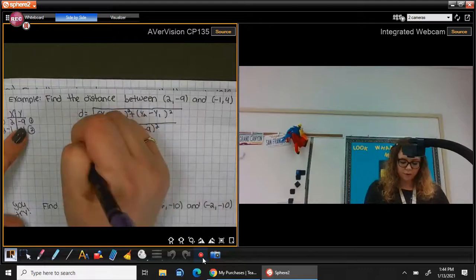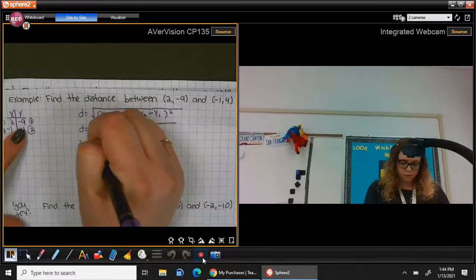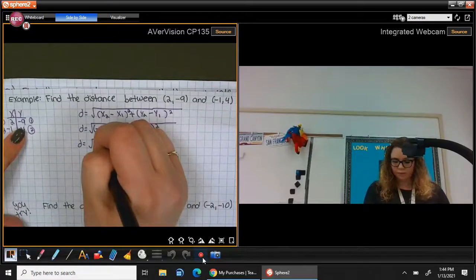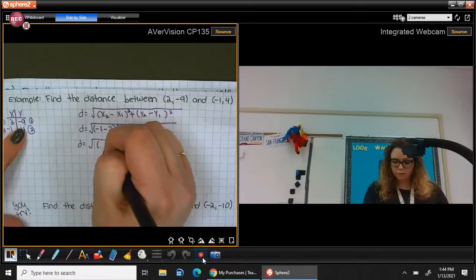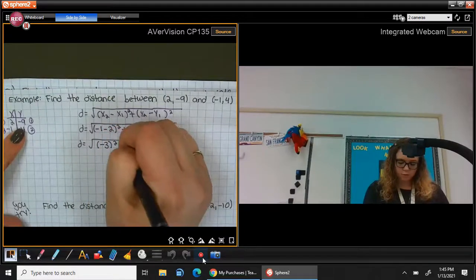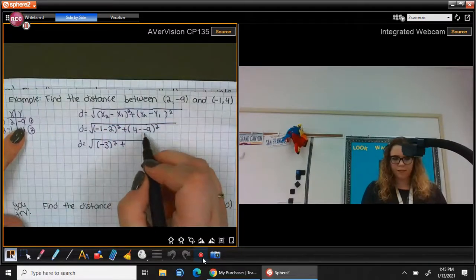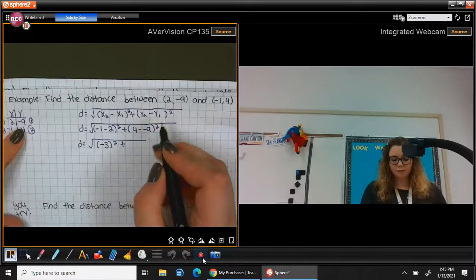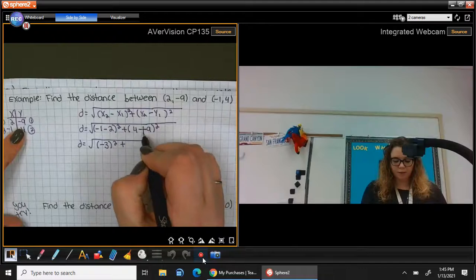Simplify it further. -1 minus 2 is going to give me -3. Plus 4 minus -9. A negative and a negative is going to be a positive, so I'm going to connect this and make it positive.